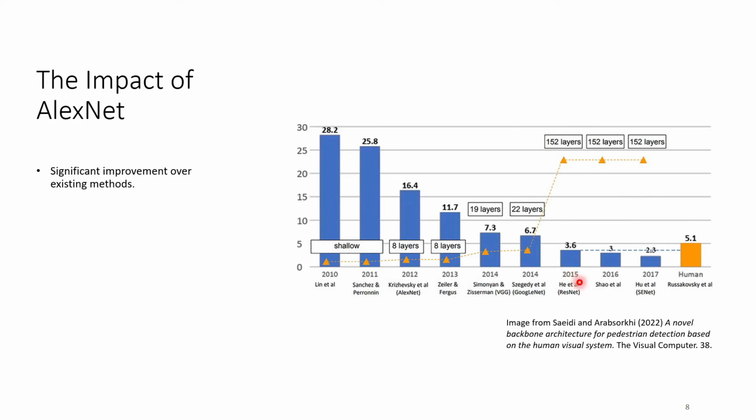And 1 more year, Kaiming He proposed the ResNet architecture. So how many layers did ResNet use in his paper? At most 152 layers. So the number of layers hugely increased. And why can he use so many layers? Because there is a problem in neural networks, the diminishing of gradients.